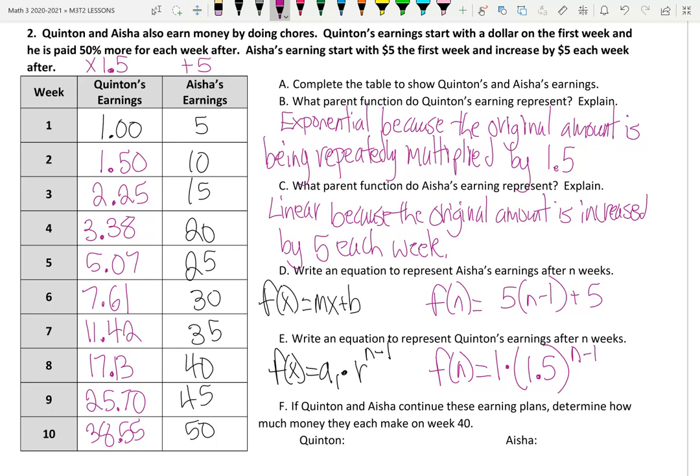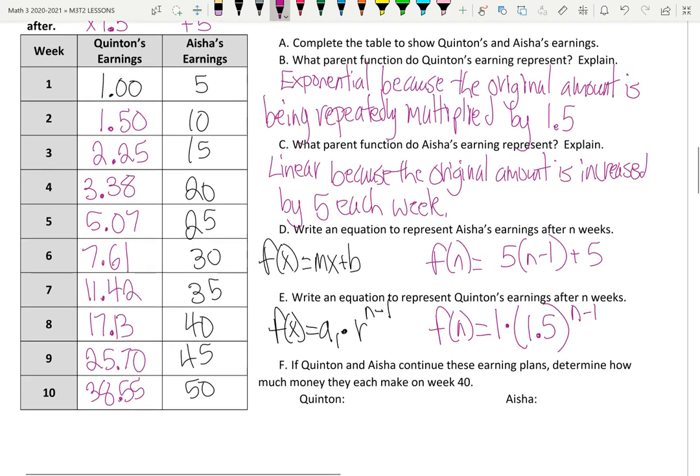It's because that pay raise doesn't increase until week 2. She starts with $5, and then on the second week, she gets an increase of 5. On the third week, she gets an increase of 10. Do you notice how it's so important to have that minus 1 to adjust from week 1 and onwards? The same as for Quentin's earnings.